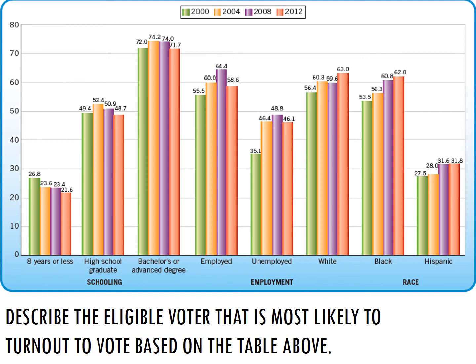But if we take away those socioeconomic circumstances and just consider race or ethnicity, our turnout rates are about the same. So the eligible voter that's most likely to turn out based on those rates is going to be someone with a higher ed degree who's employed and is white or African American. You can see Hispanics show up at a much, much lower rate than the other two populations.